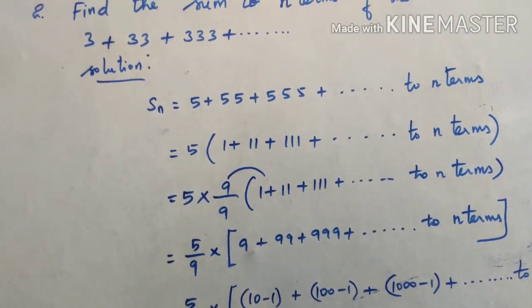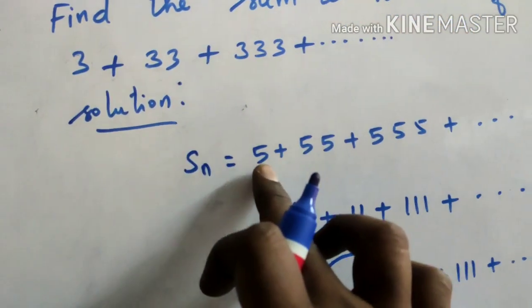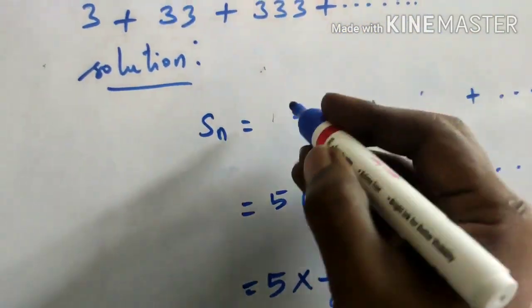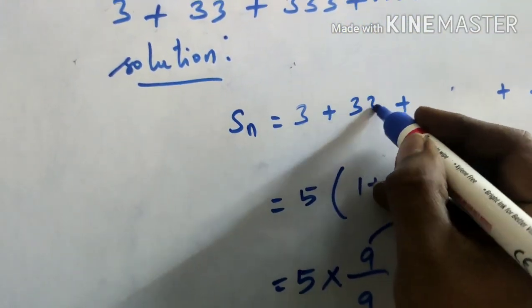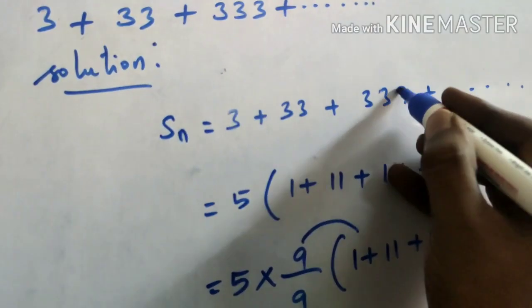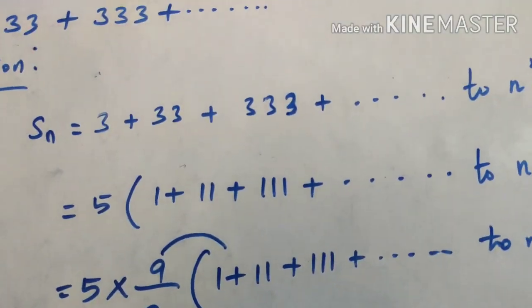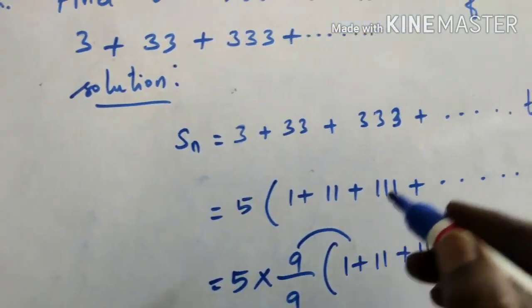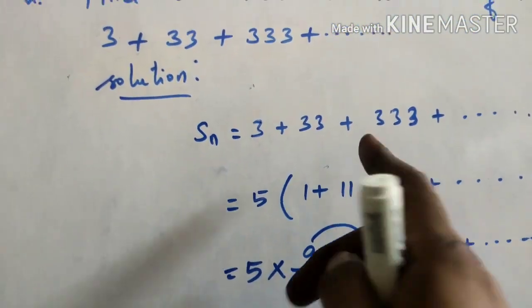Okay, see here. First I have to change the first step: 3 plus 33 plus 333 plus dot dot dot to n terms. Next, in the next step, you have to take 3 common.